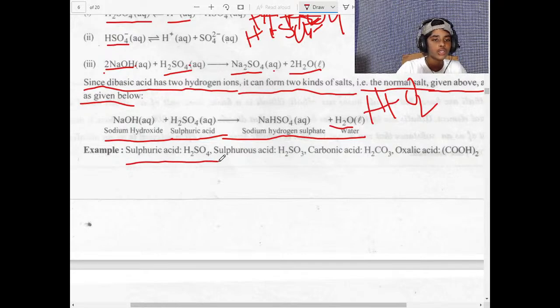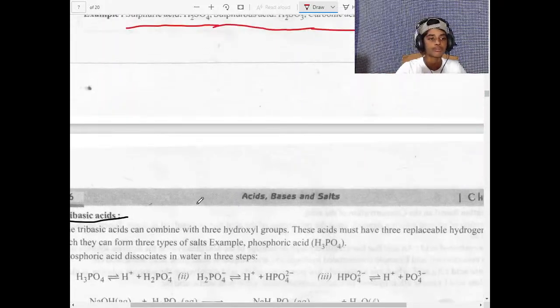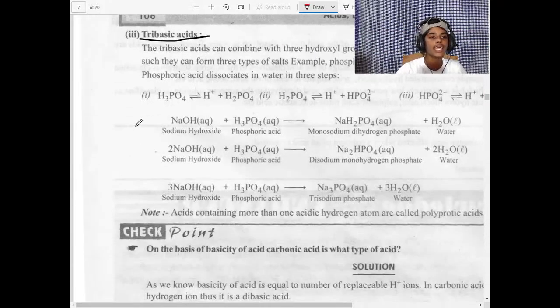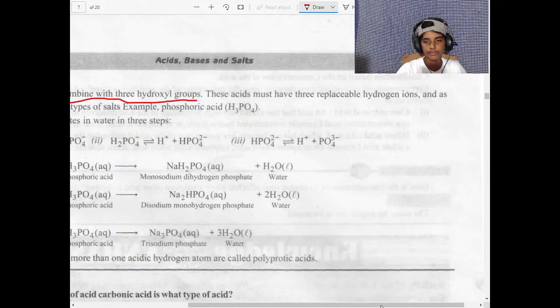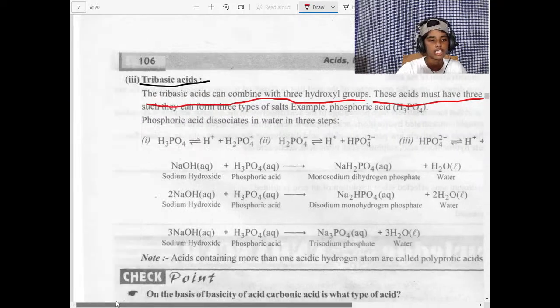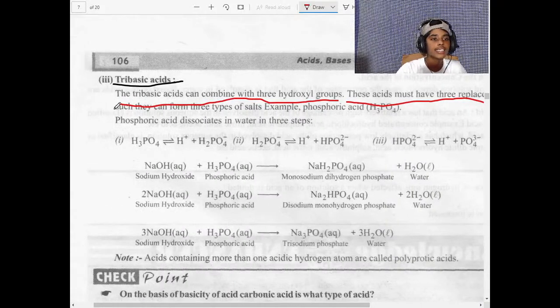Examples: sulfuric acid H2SO4, sulfurous acid H2SO3, carbonic acid H2CO3, oxalic acid (COOH)2. And next, tribasic acid. The tribasic acids can combine with 3 hydroxyl groups. This acid must have 3 replaceable hydrogen ions, and as such they can form 3 types of salt.